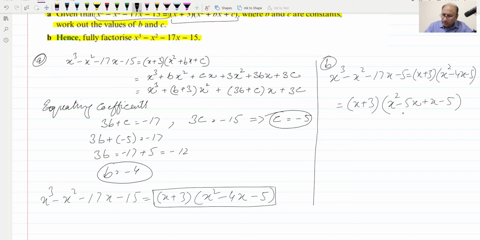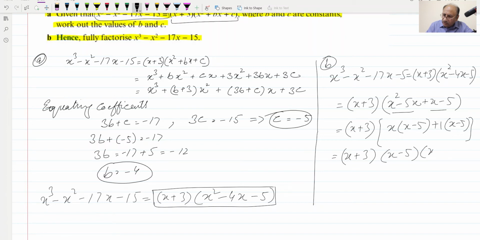We can make this pair and this pair, and the first term will be as it is, and from the first pair we can take x common, and it will be x minus 5, and plus 1 we can take from the second pair, so x minus 5 we are factorizing. So these factors we can write as x minus 5 and x plus 1, and this will be the final factorization which we have to do.